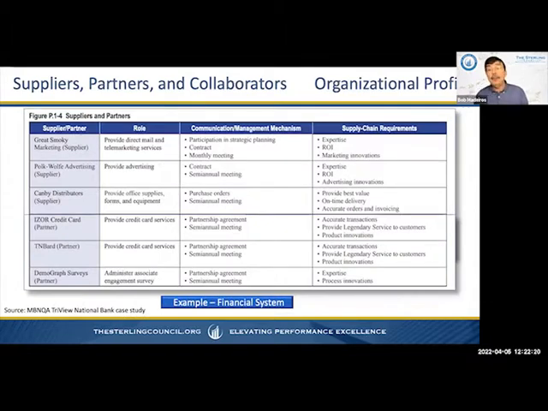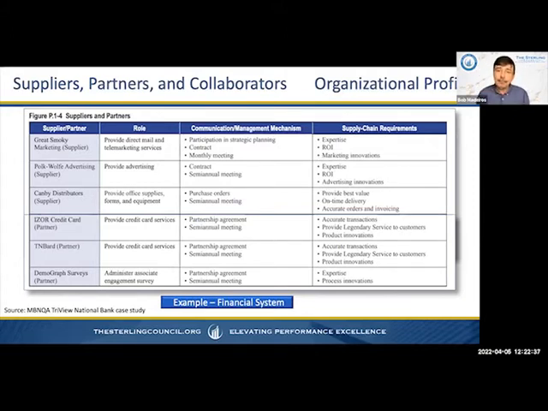Here's another example for a banking organization. They identify their suppliers or partners, their role in communication, and finally, their supply chain requirements. You can see how they define their partners differently than the previous example.